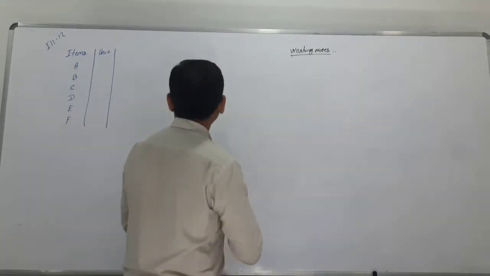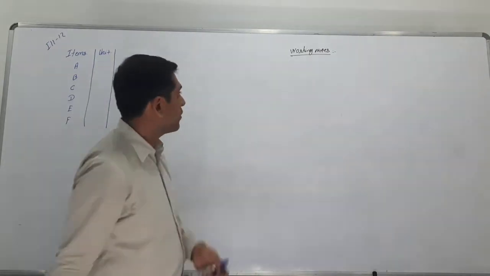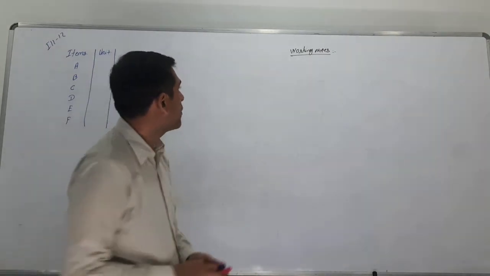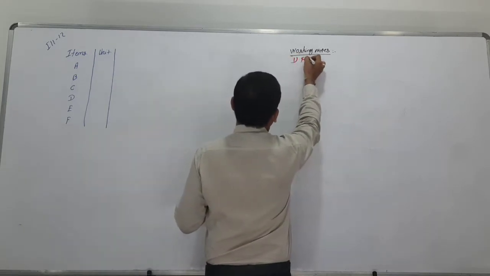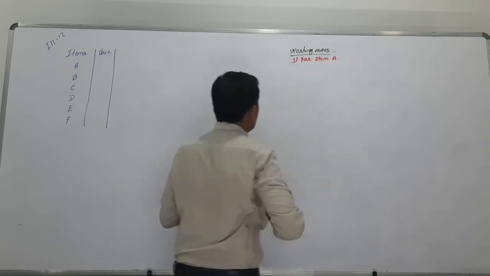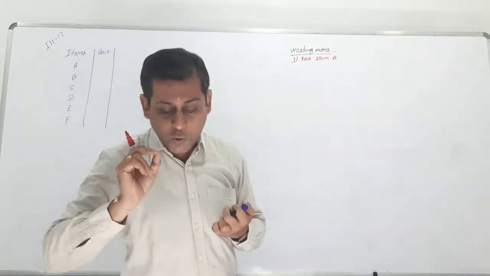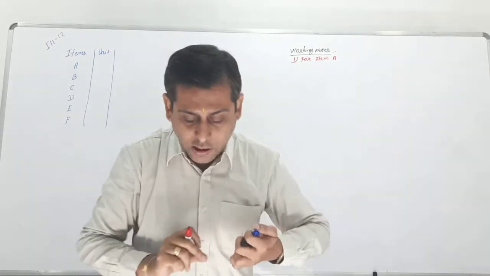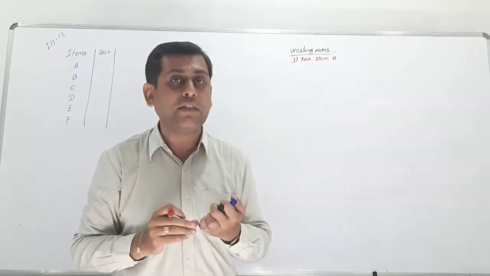So here I am writing the first working note for item A. See here, 20 kg is given in the unit column, and in the quantity column 5 kg and 8 kg are given.